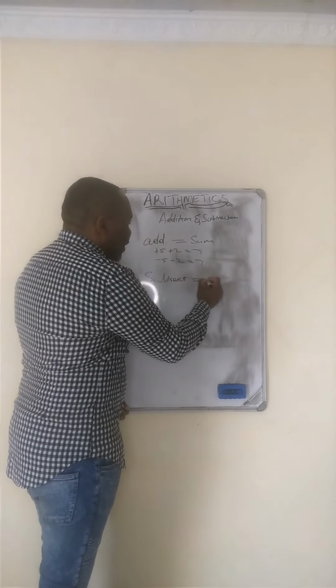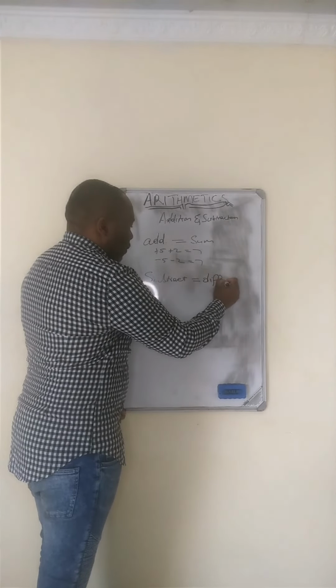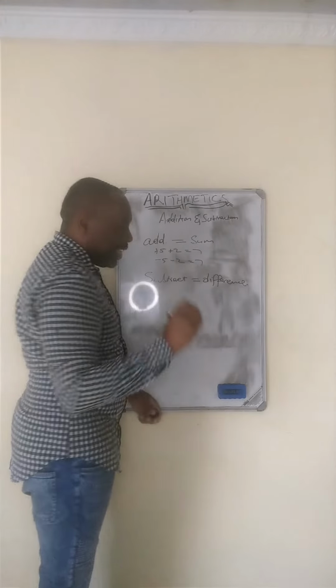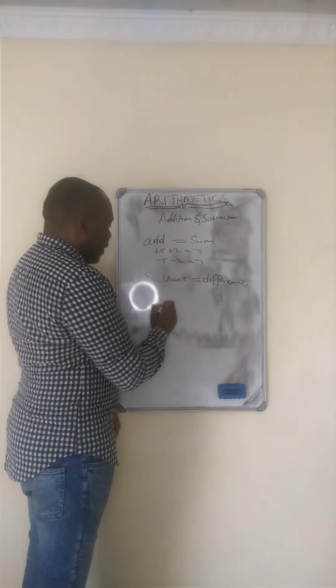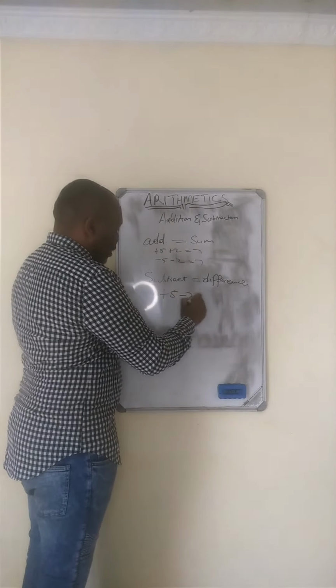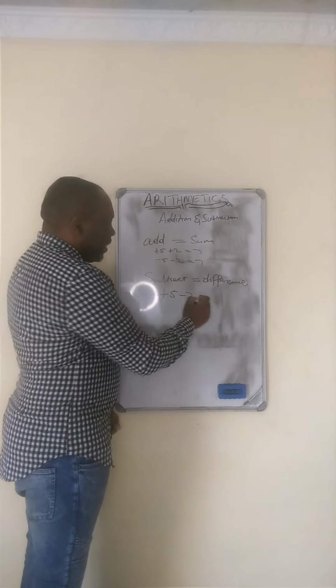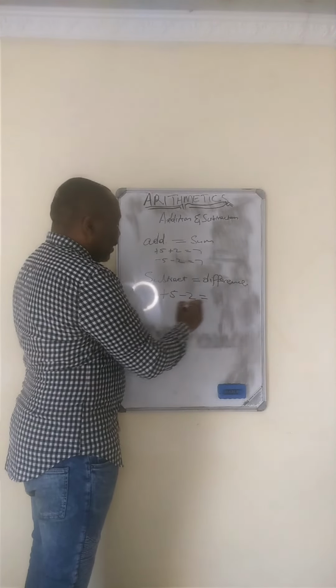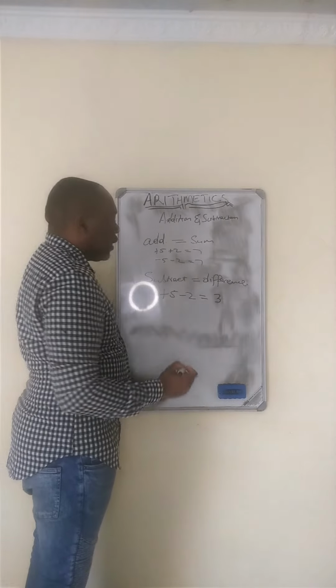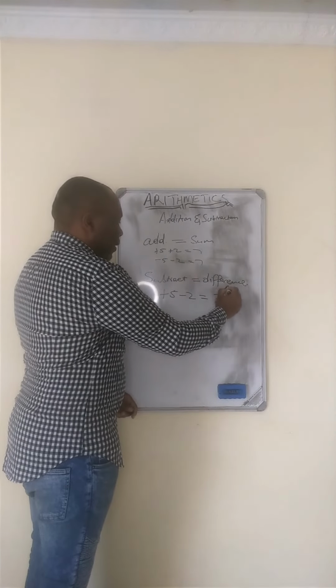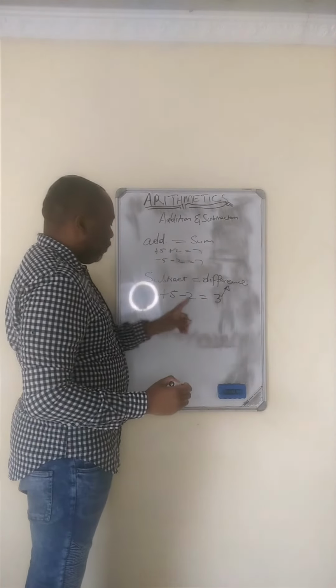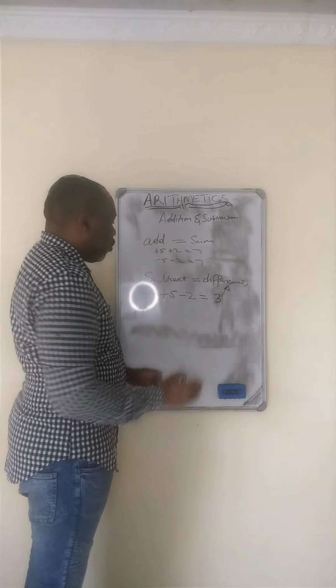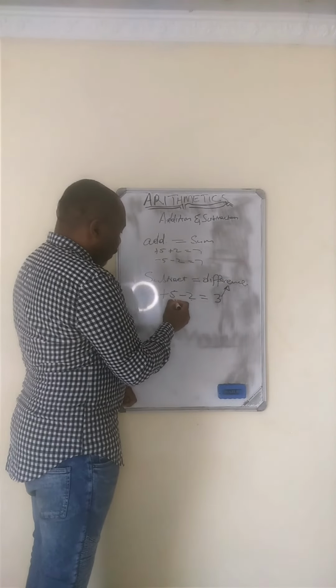The result is the difference. What I get is a difference. What am I saying? If I'm given +5 - 2, the answer that I will get here, which is a 3, is what we call the difference. This is the difference from this. It is a 3. So the difference between 2 and 5 is a 3.